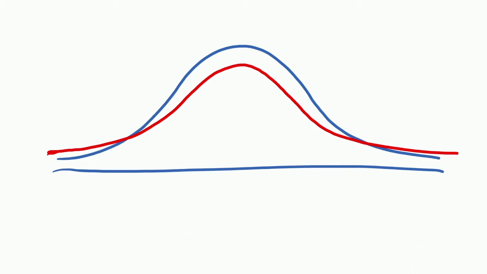If you have a very small sample size, the distribution might look something like this. The smaller the sample size, the shorter and fatter the curve is, but they all intersect at a certain point.